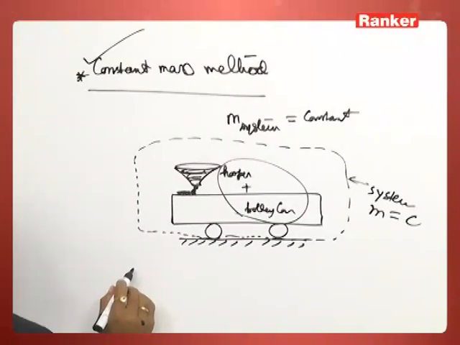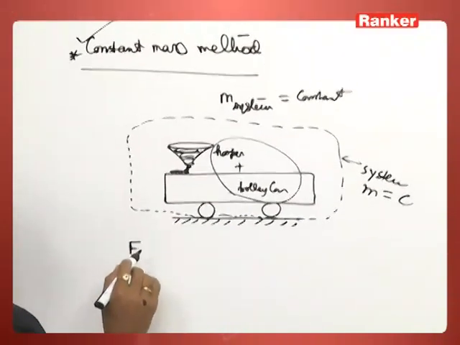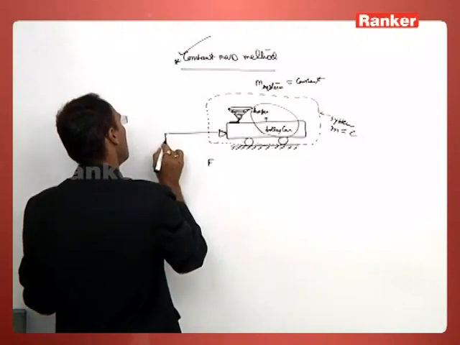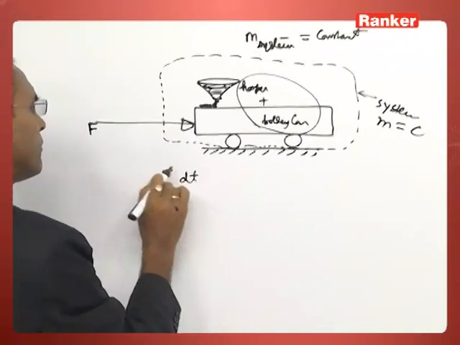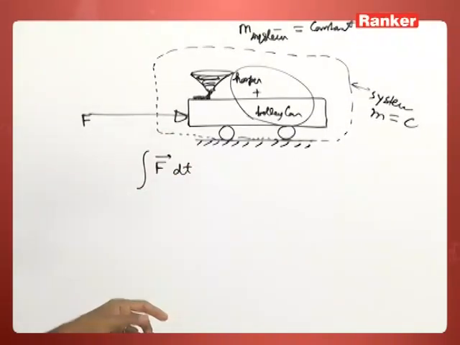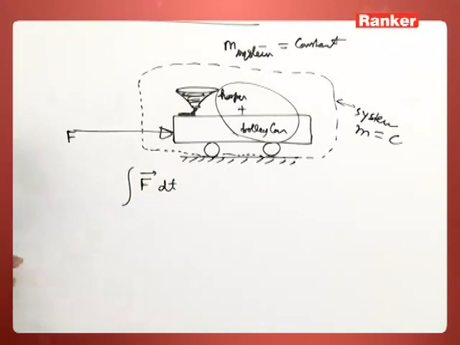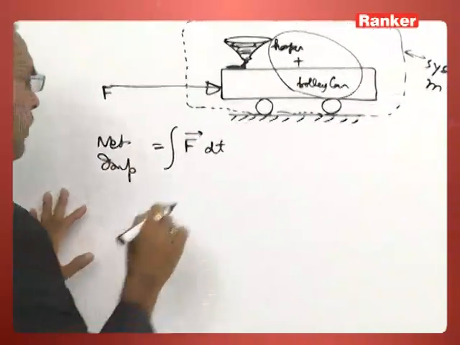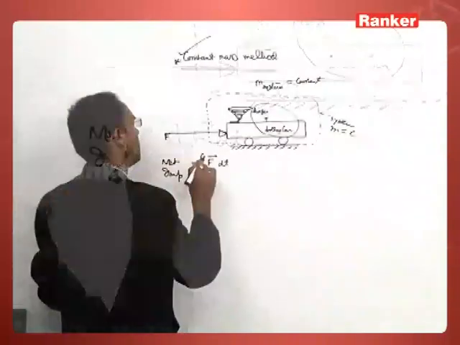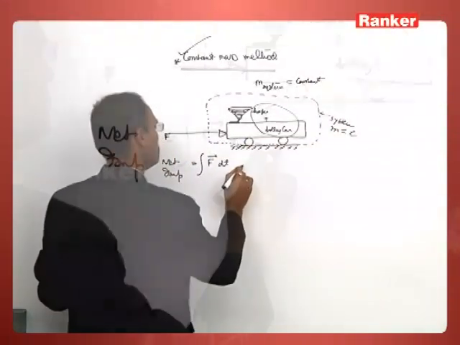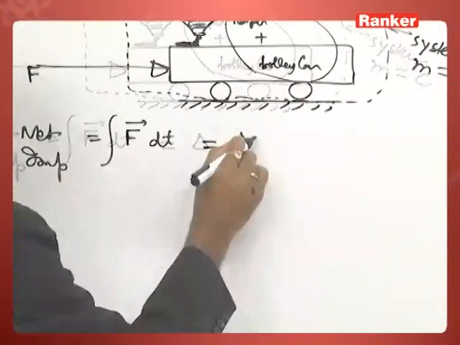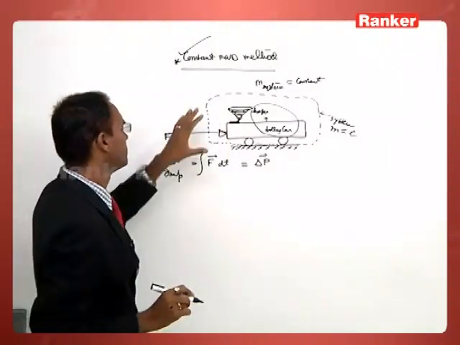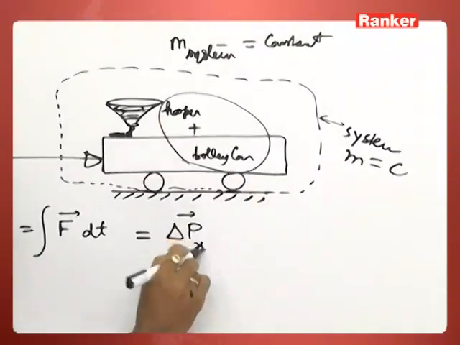Then apply impulse momentum formula, which states that the net force acting on the system, its time integration, or net impulse, equal to impulse of the net force along horizontal direction, is equal to change in momentum of the system along horizontal direction.